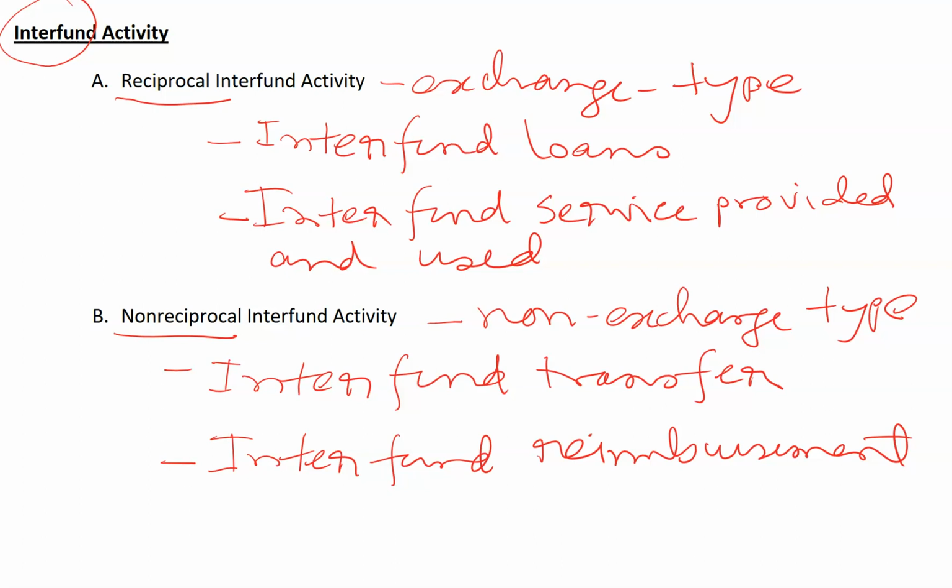For example, you have seen some journal entries in chapter 16 for this type of inter-fund transaction. The fund that is receiving money credits it as other financing sources. The fund that is paying money debits it as other financing uses.